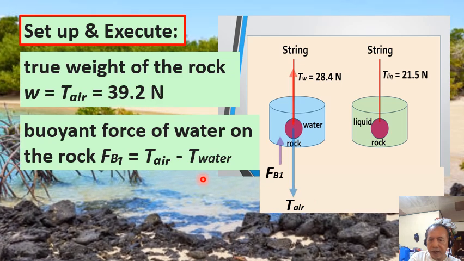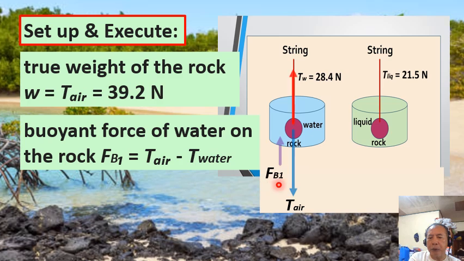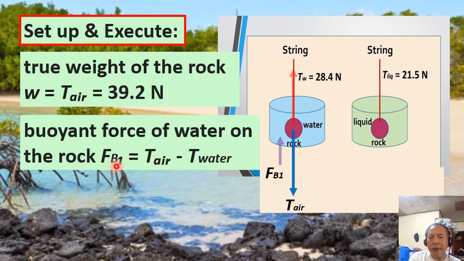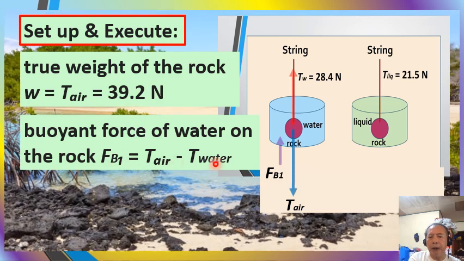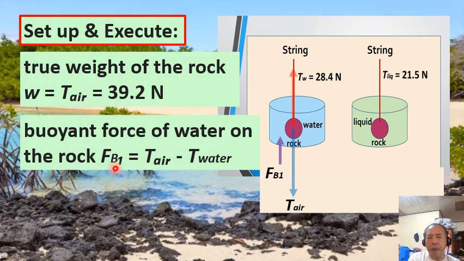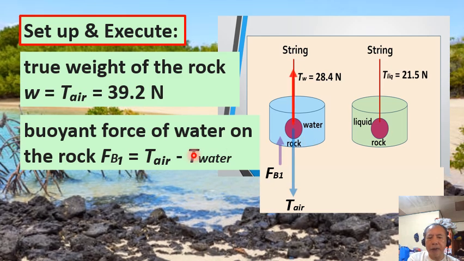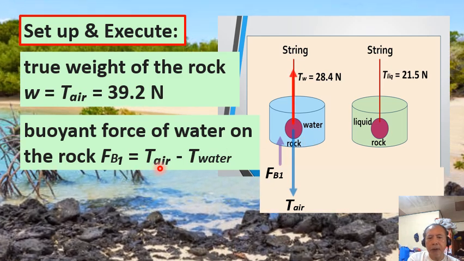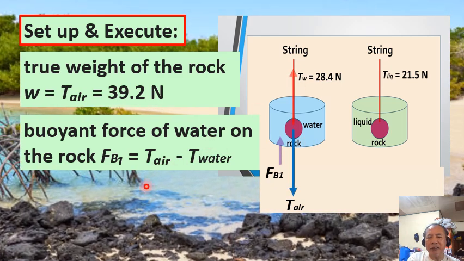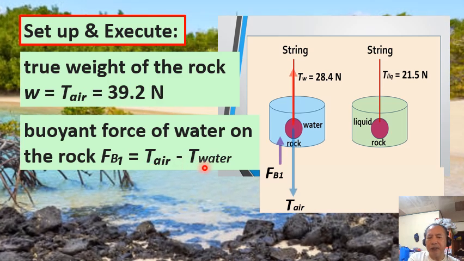And since what we want is an equation for the buoyant force F sub B1, we come up with this formula. The force F sub B1, or the buoyant force exerted by water on the rock, is just equal to the tension in the string, T of air, minus the tension in the string, T of water.